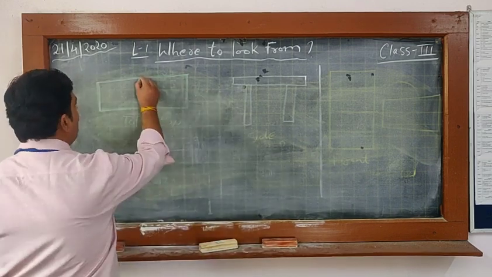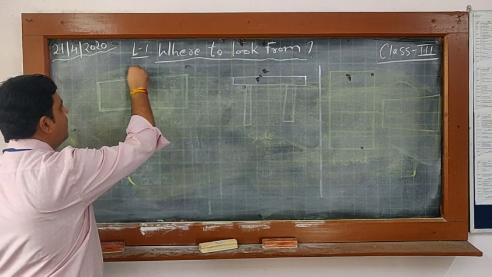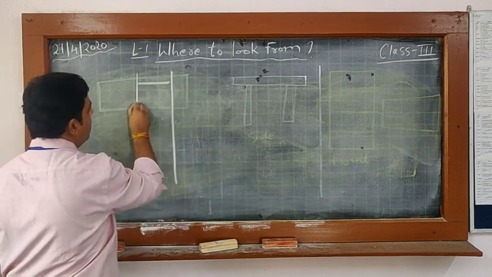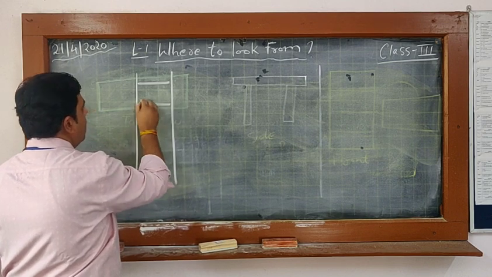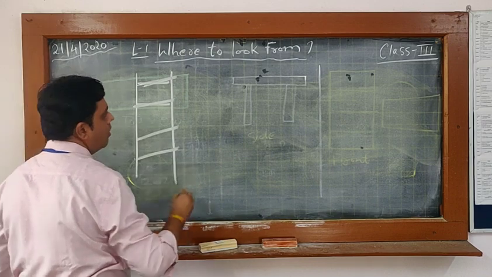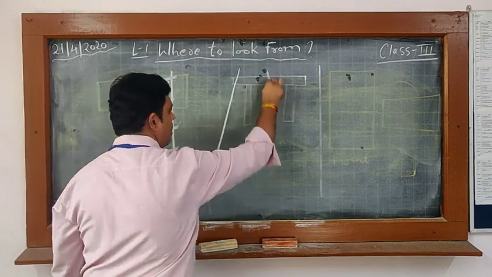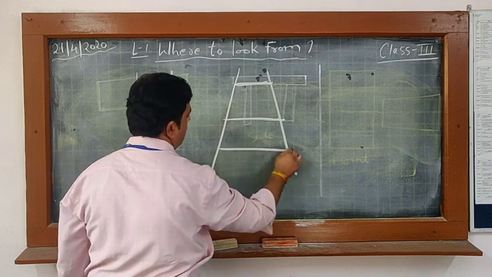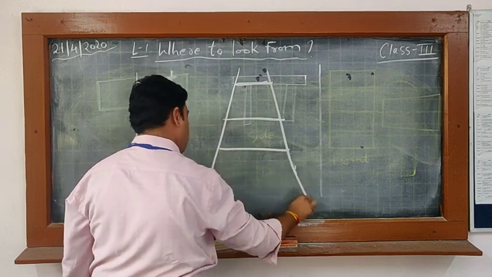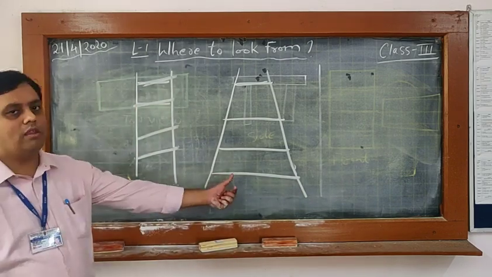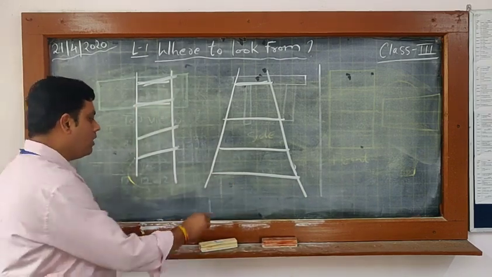See, I am drawing the picture of a railway track in three different ways. See, this one, which view is it?